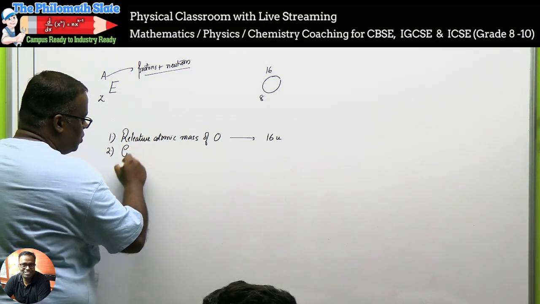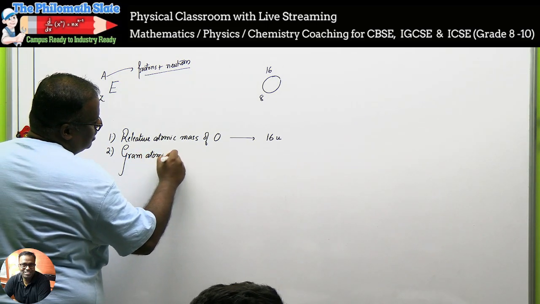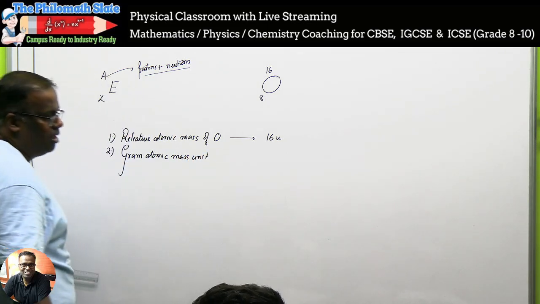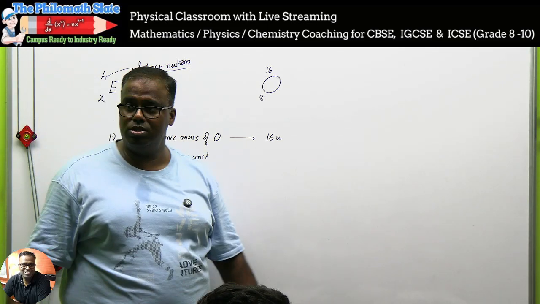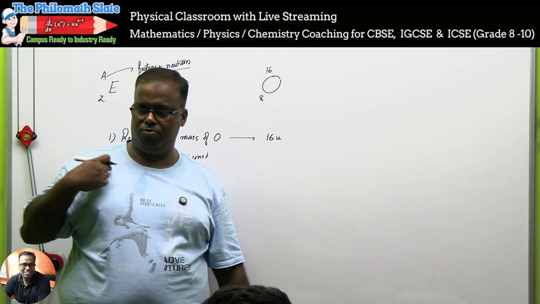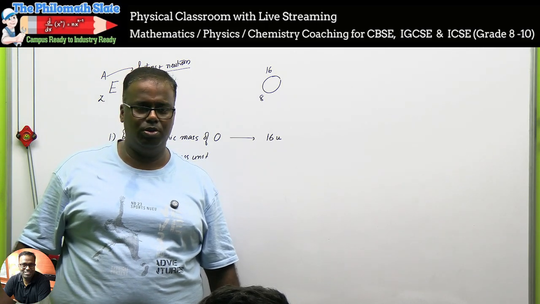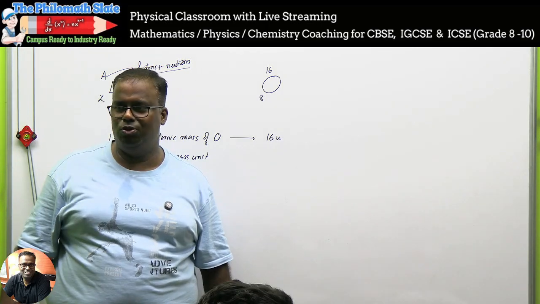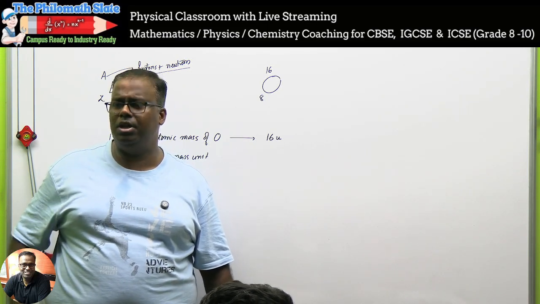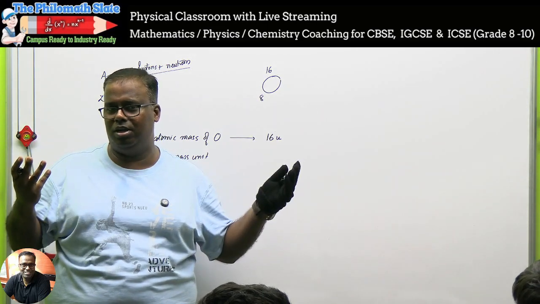There is another concept called gram atomic mass unit. The American dollar is a very costly dollar. People in a poor country like Zimbabwe also have a dollar, but Zimbabwean dollars have absolutely no value. Still, they call themselves dollars. Even a beggar calls his son 'raja beta', prince son.